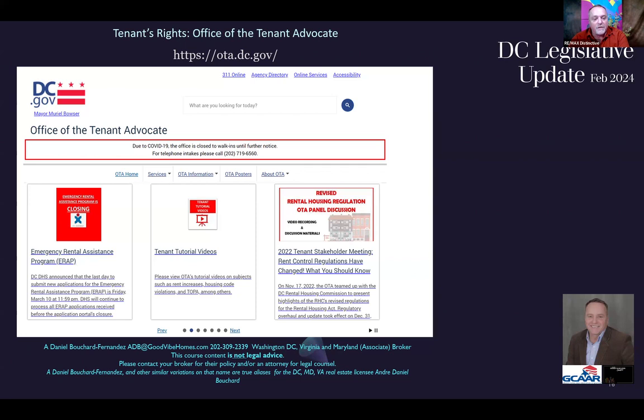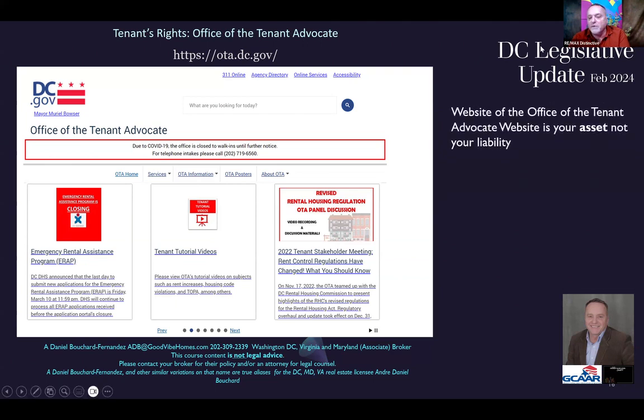The link is here in the gray up above the white page. So just get yourself familiar with that office and make sure that you know what we're talking about when we're talking about the Office of the Tenant Advocate. They are kind of the clearinghouse of resources for complaints and for understanding what the tenant's rights are in the district. If you've got questions, just stop me and we'll address those questions and dive into those.